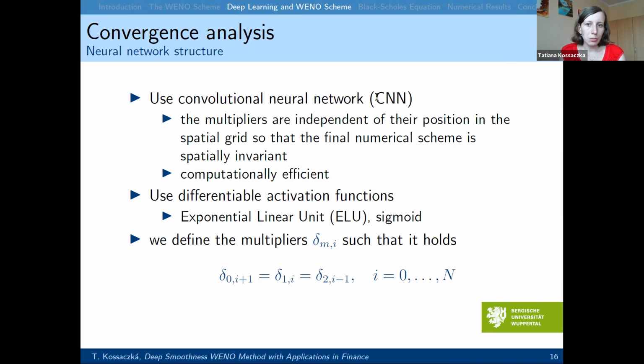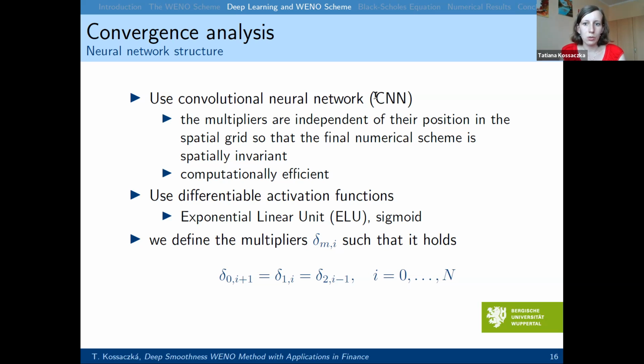As I said, we use a convolutional neural network to learn and predict these parameters delta. And why? Because the convolutional neural network is spatially invariant. This is very important because we want our numerical scheme to be spatially invariant, and we want our multipliers delta to be independent of their position in the spatial grid.